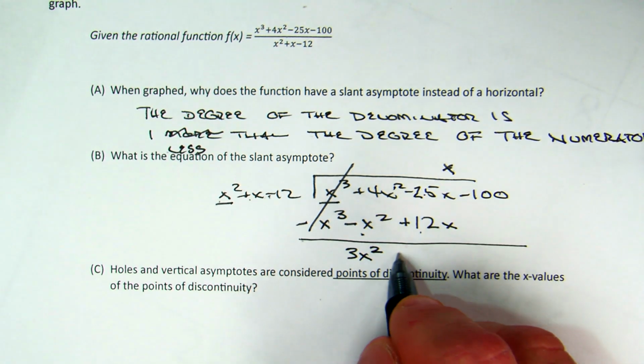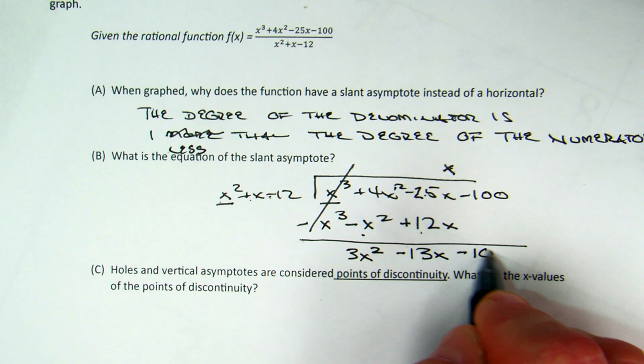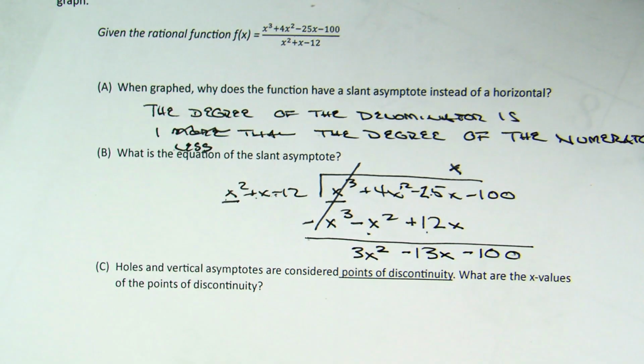Negative 25 plus 12 is negative 13x minus 100. You then repeat the process. You divide the term inside by the term outside. What's 3x squared divided by x squared? What are the x squareds going to do to each other? Leaving you with what? That's all you need. Positive 3. So you just write plus 3.